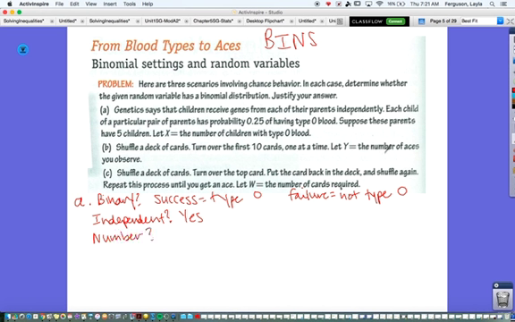The next one is number. That just means that we have a set number of trials that we're looking at. It tells us in our problem that we're looking at 5 children, so our number is set to 5.